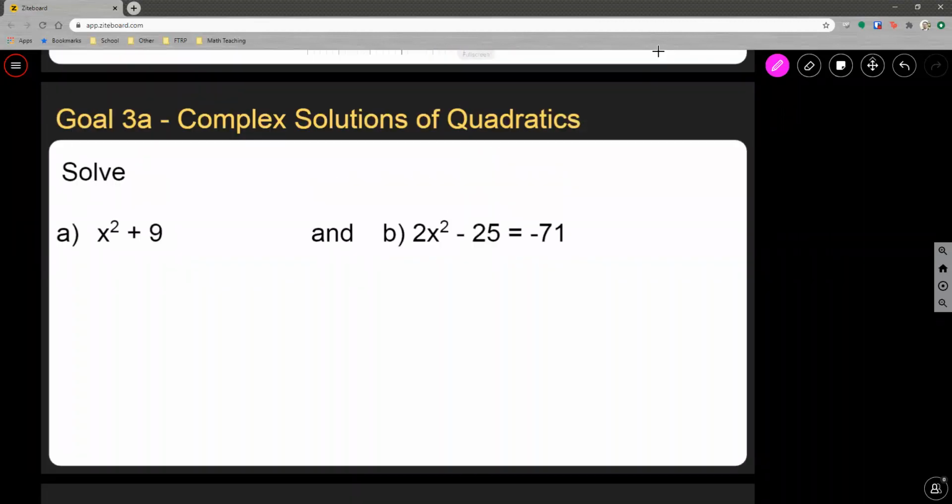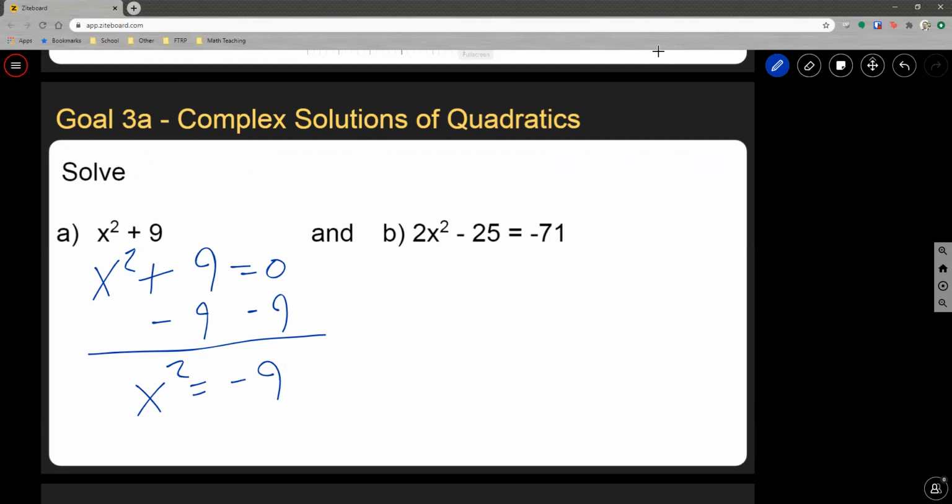We're going to use the same principles we've done before. I've got x squared plus 9. Well, I'm not going to use the Xbox method because that's going to make it kind of tough to visualize. But if I've got x squared plus 9, just set it equal to 0. Subtract 9 on both sides. I get x squared equals negative 9. We're almost done already. Take the square root on both sides.